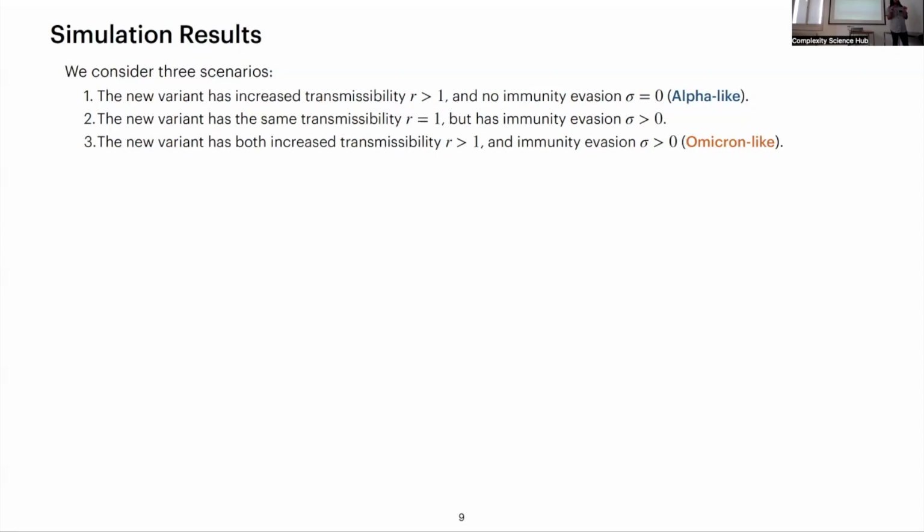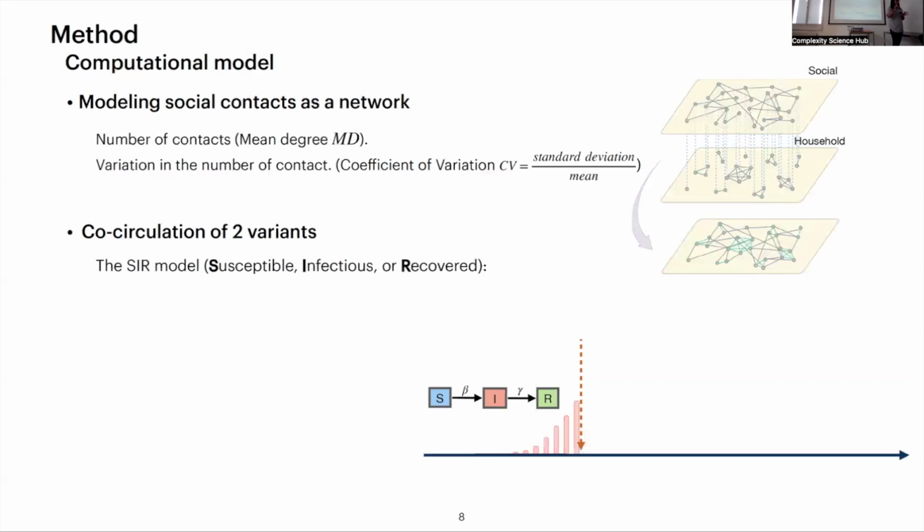But still, there is an interaction term, because individuals cannot get infected with two variants at the same time. So even for the alpha-like scenario, there is some sort of interaction. Okay, sorry.